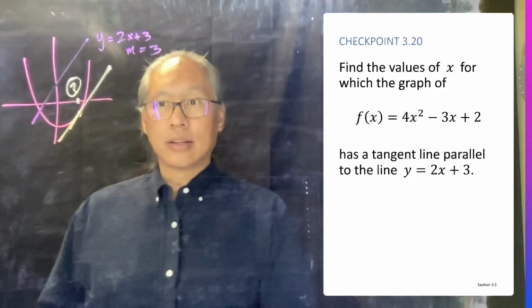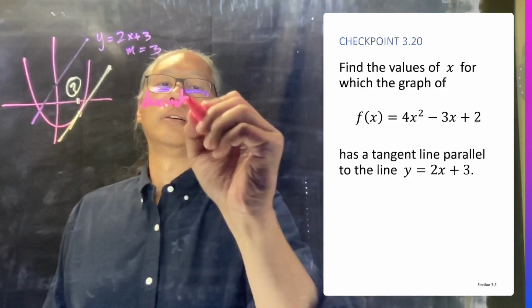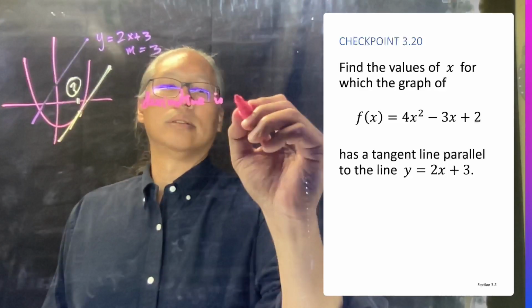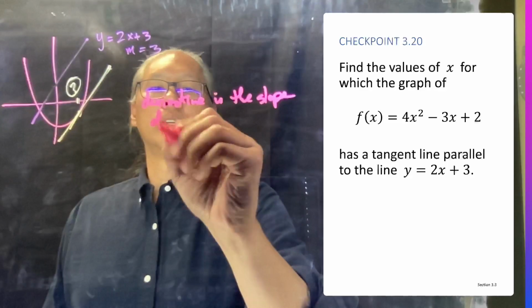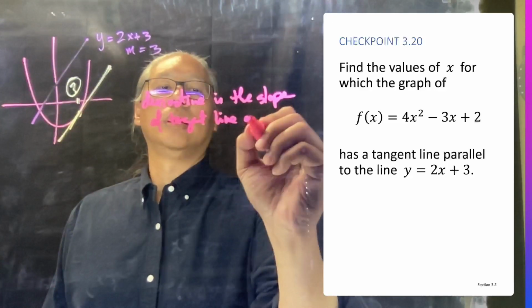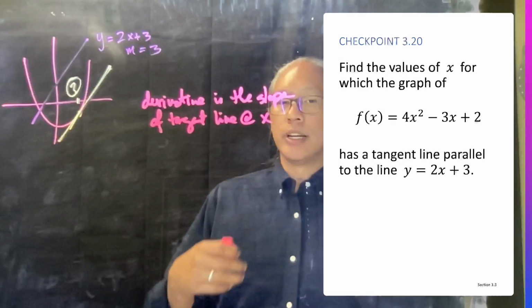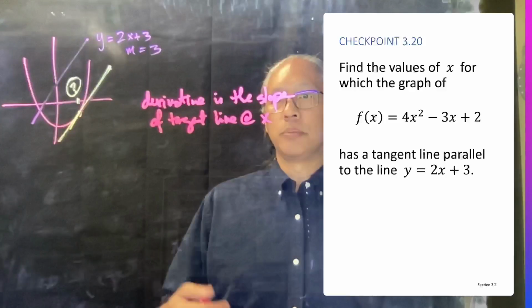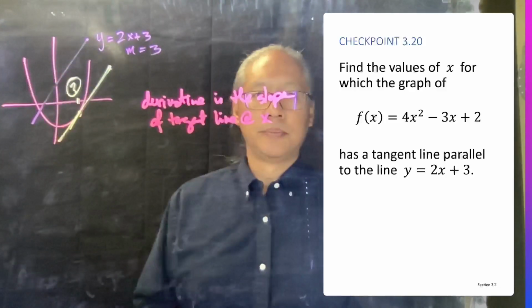So remember that the derivative is the slope of the tangent line at some x value. So if we take the derivative as a function, then that's going to be slope as a function. And now we just have to identify where it is.